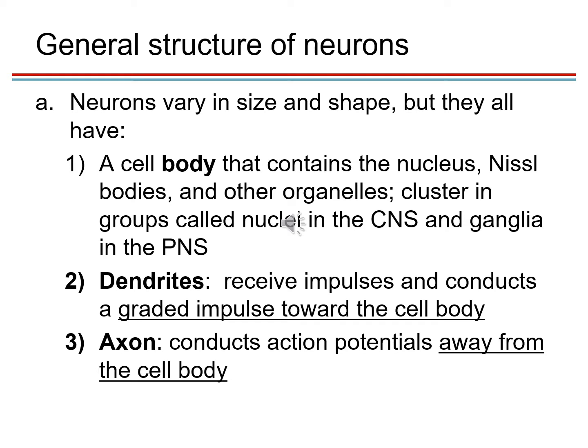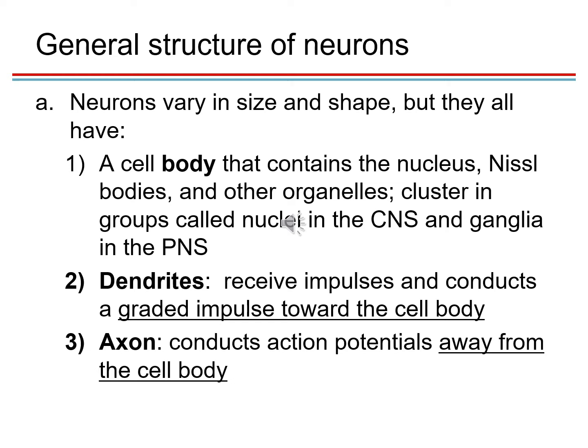The dendrites are like little terminals, like a network around the body, and they are also in charge of conducting graded impulses toward the cell body. Keep in mind this word, graded, but for now it's important for you to know that the dendrites, as well as the body, are capable of receiving or establishing synapses with other neurons.